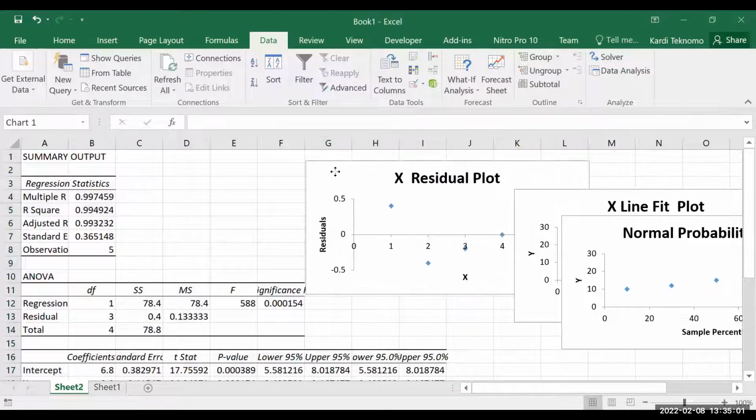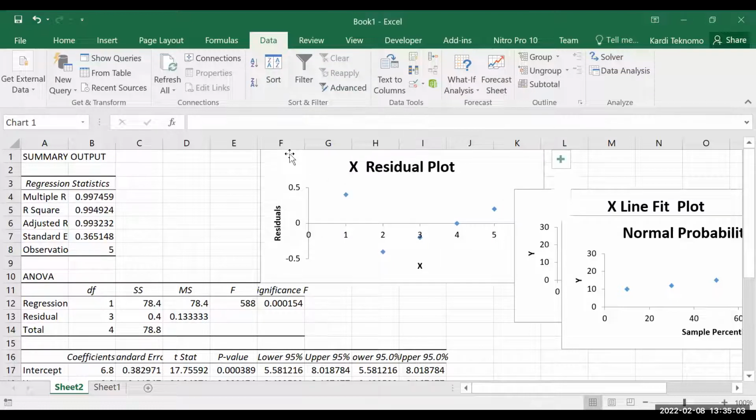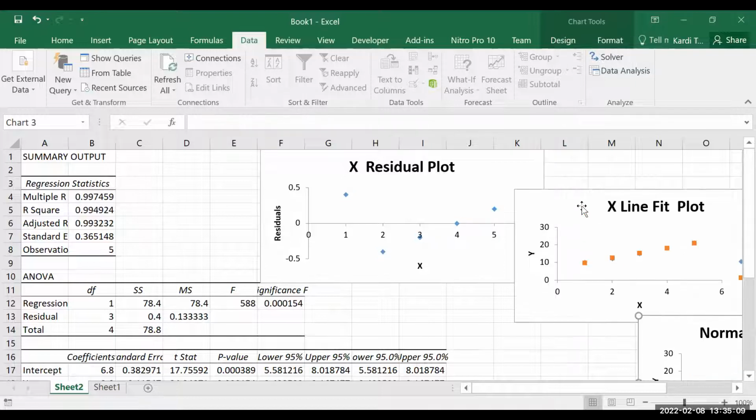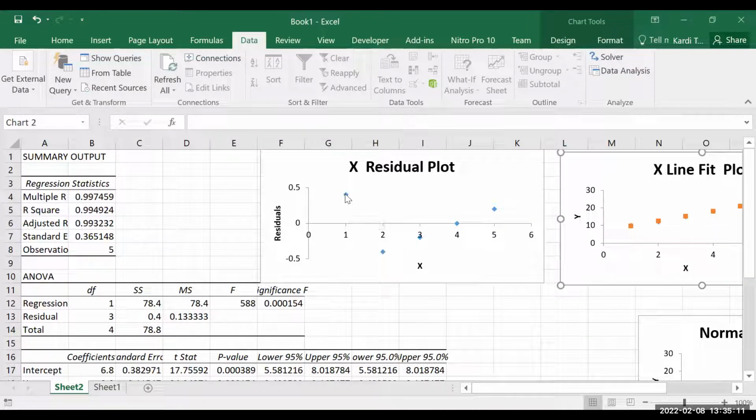There you get it. So this is the plot. Oh, there's an outlier here. The residual plot will show you. Of course, my data is too small, so you cannot see well, it's only 5 points, but this is how you get it.